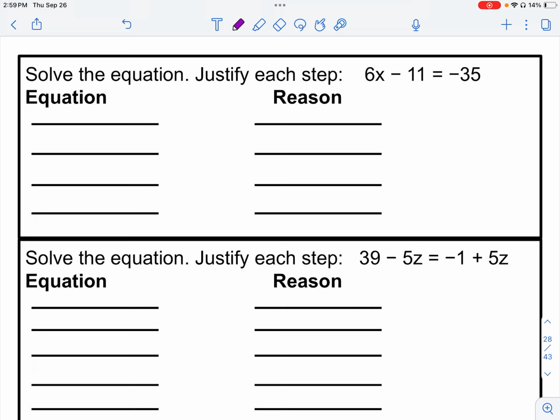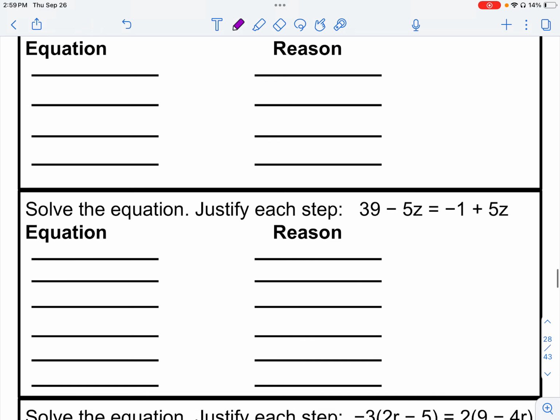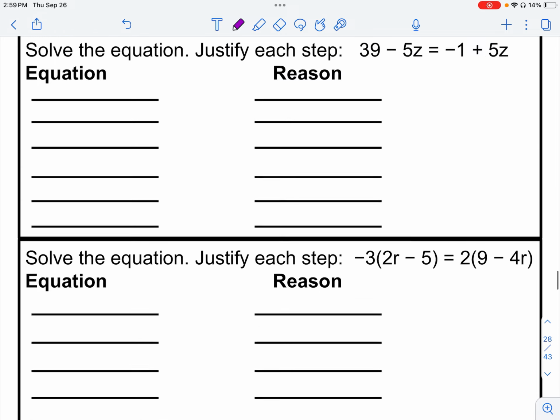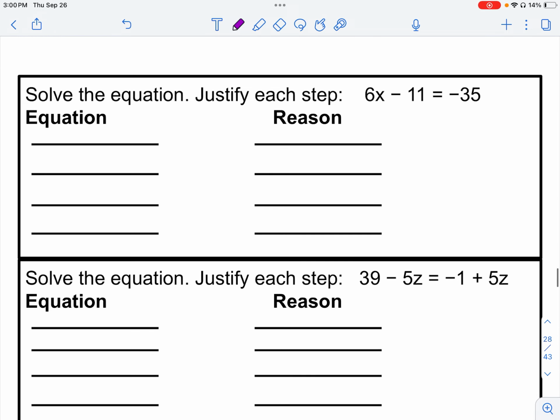We're just going to do it like we always have done it, and we're going to provide the reason: addition property, division property, simplification. Go ahead and work out all of the ones on this page, and then I'll walk you through the answer in the next video.